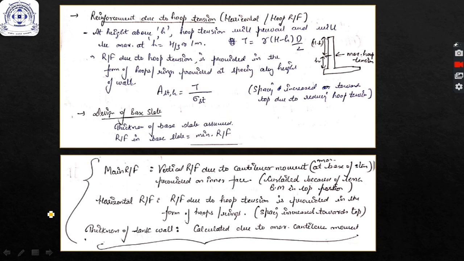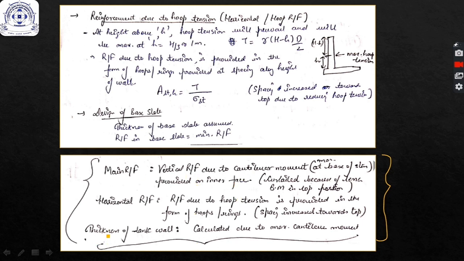So what are the main points to remember in the main differences with the flexible base? In the flexible base circular tank, the main reinforcement was the hoop reinforcement due to the hoop tension force. But here in the rigid base case, the main reinforcement is the vertical reinforcement due to cantilever moment provided on the inner face.